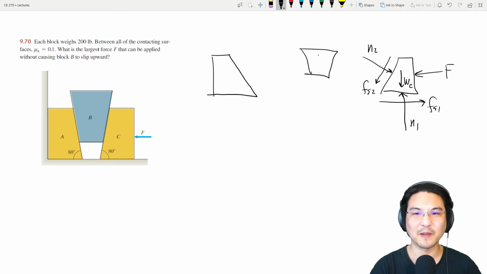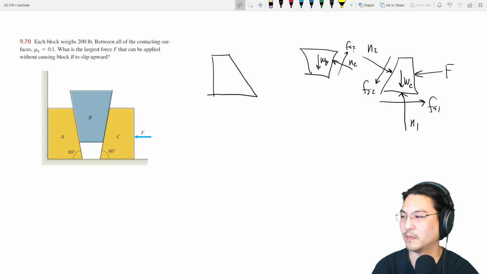Okay, now over to block B. Block B has weight. And look at this, equal and opposite. Right, Newton's third law. And then if block B moves up, let's see. I drew these backwards, sorry.